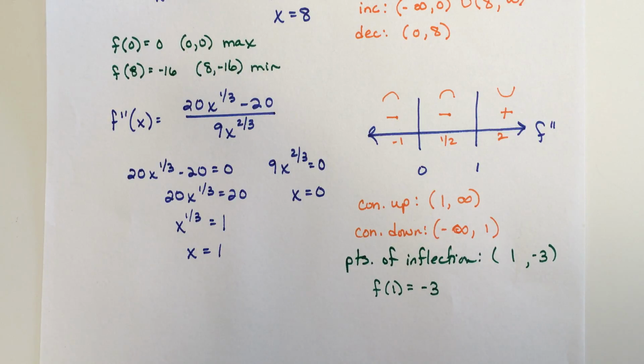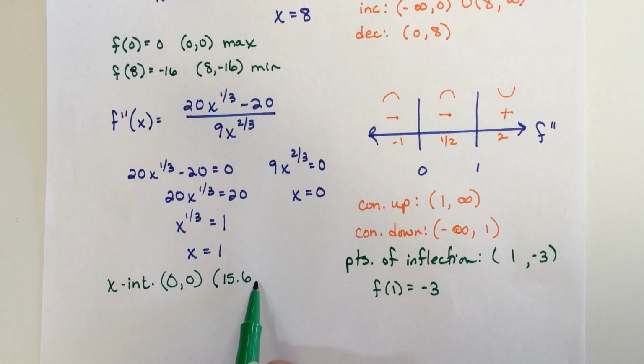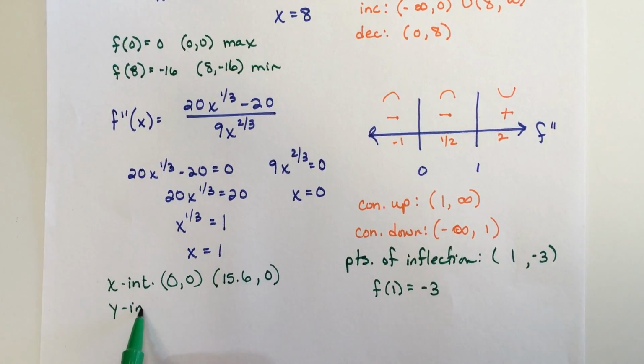It's not one that's real easy just to find by hand, so just use your calculator to help you with that. But what we have for our x-intercept, again, is (0, 0). But we also have, and I'm just going to round this off and say it's about 15.6, just because in graphing this, I can't be any more precise than just one decimal place anyway. And of course, the y-intercept, as we said, is also at (0, 0).